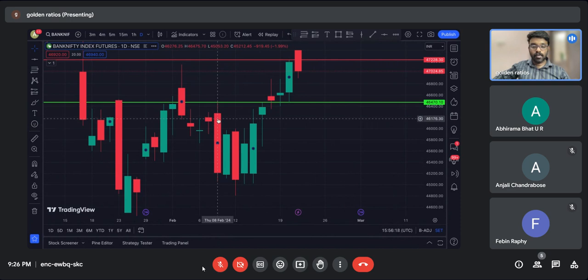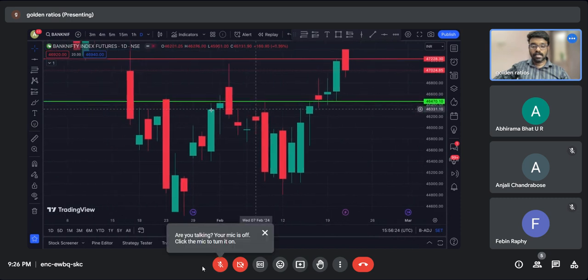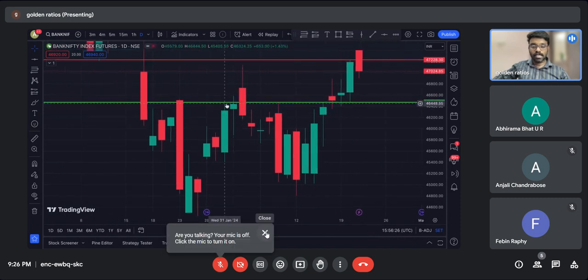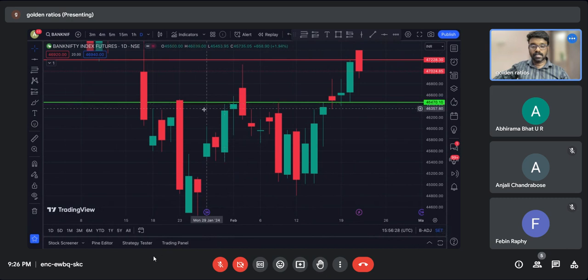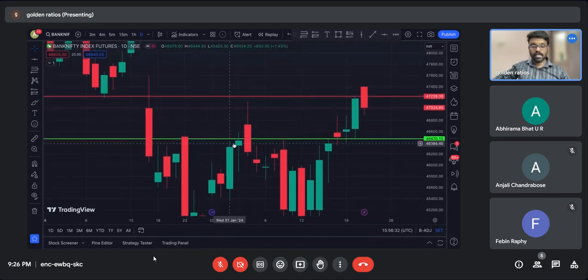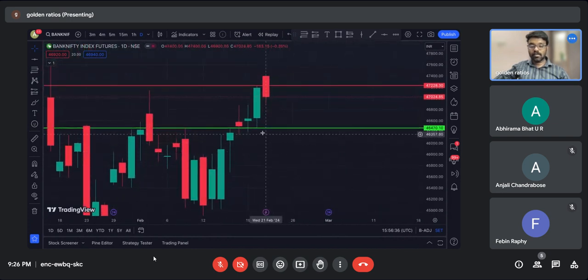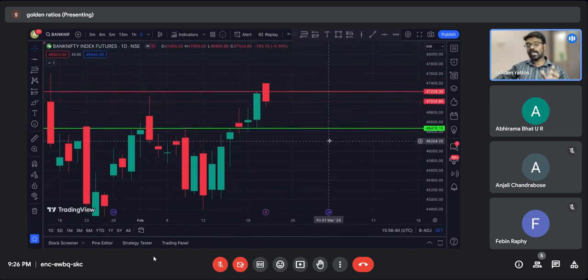Even on 8th February, the market touched that line and came down because there is a resistance. Even previously you can see it was a resistance, and here a big fall had happened. Here also one resistance was there. So that indicates that what we have drawn is correct, or that area has some sort of importance.